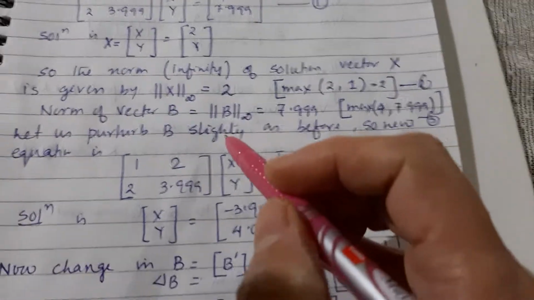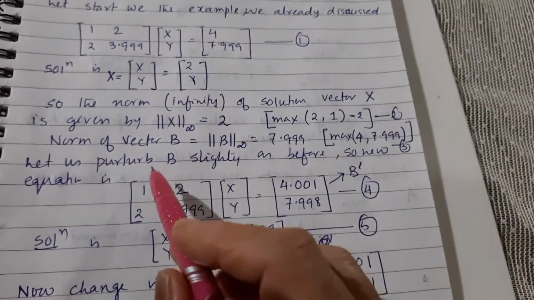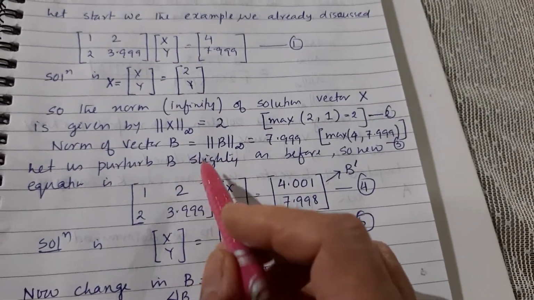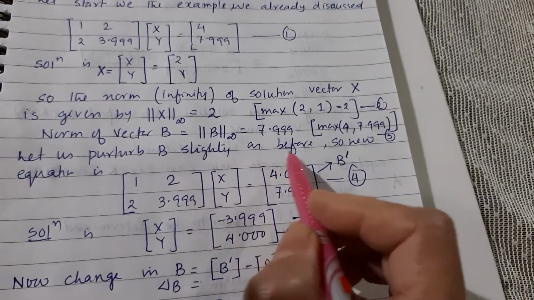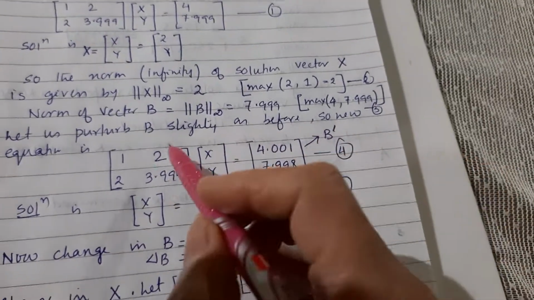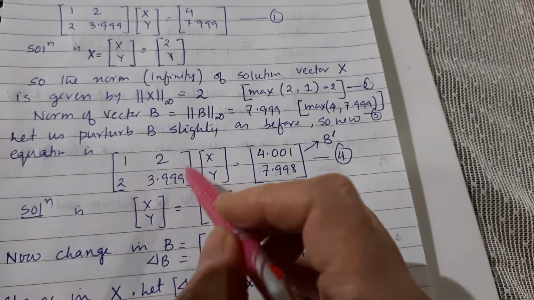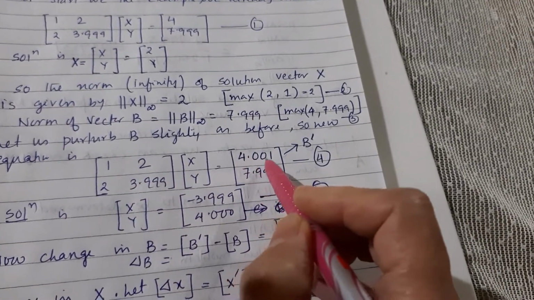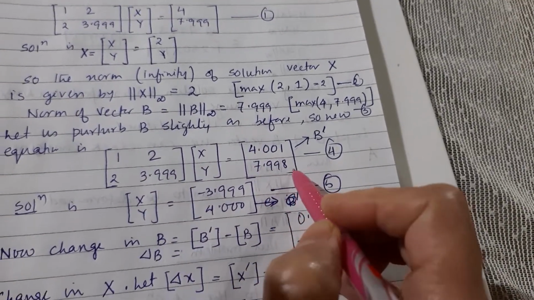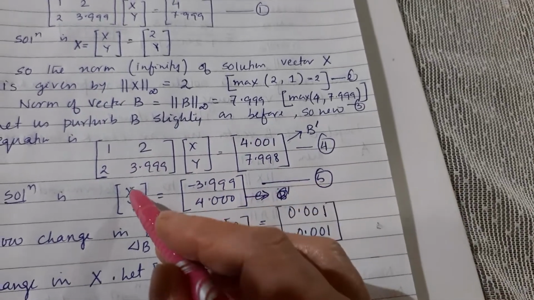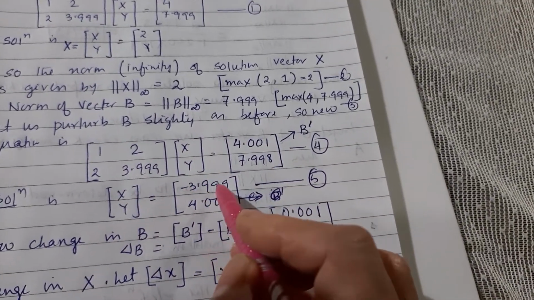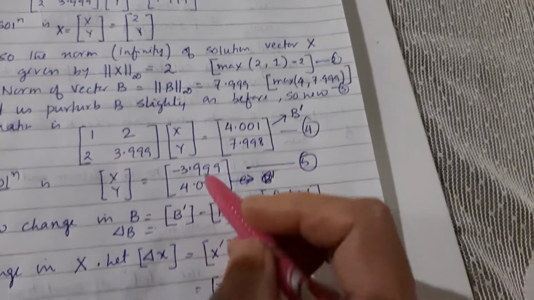Now I perturb b slightly to see the conditioning, so we get our new system of equations, perturbing b to [4.001, 7.998]. And we know this solution already, we have discussed it: x = -3.999 and y = 4.